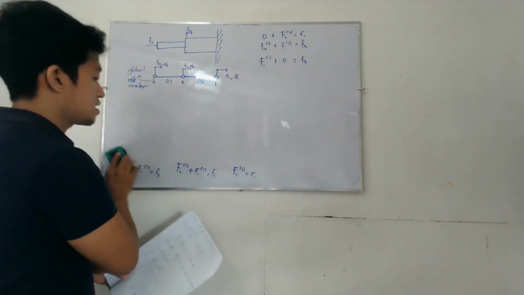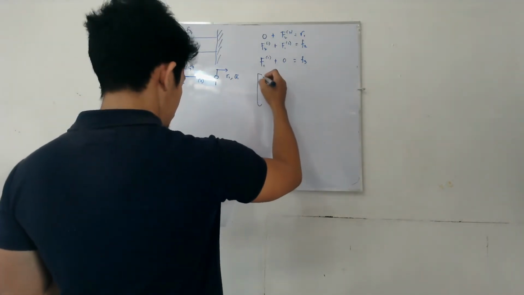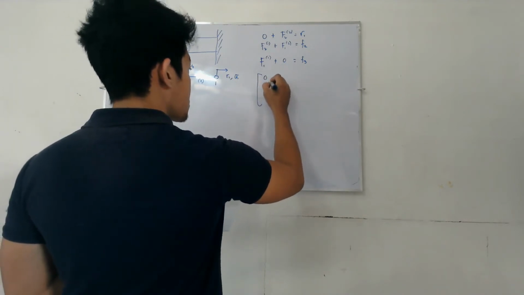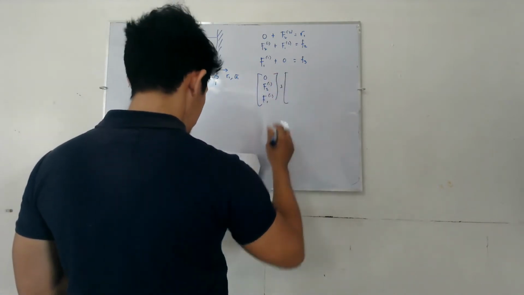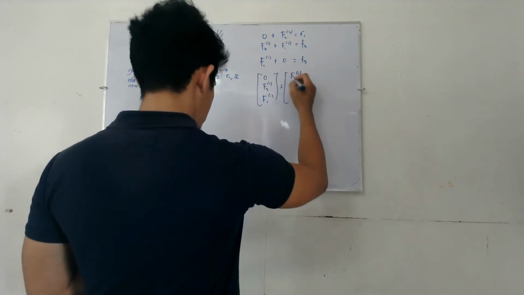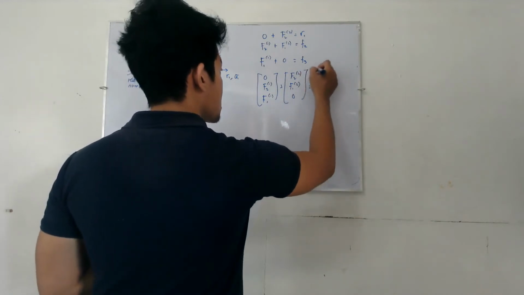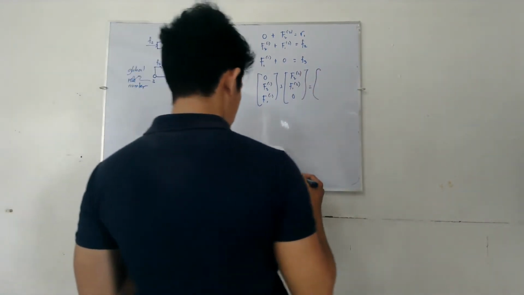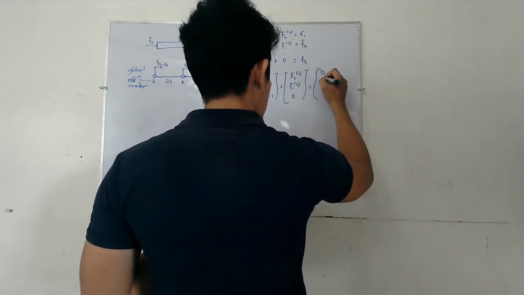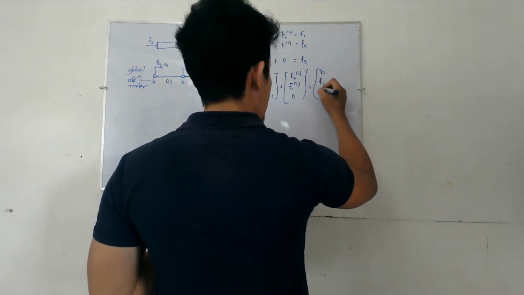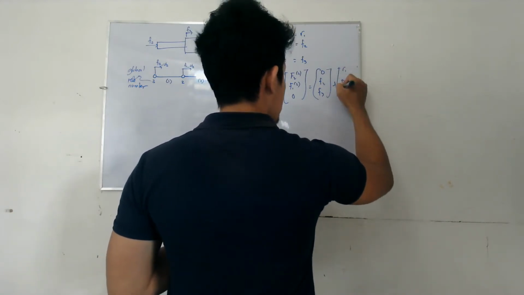So in matrix form, we separate the reaction from the internal forces: the vector of F1, F2, F3 plus R1, 0, 0.